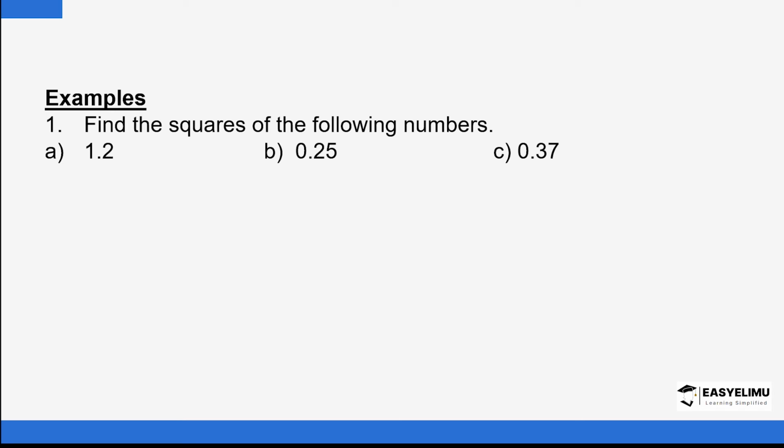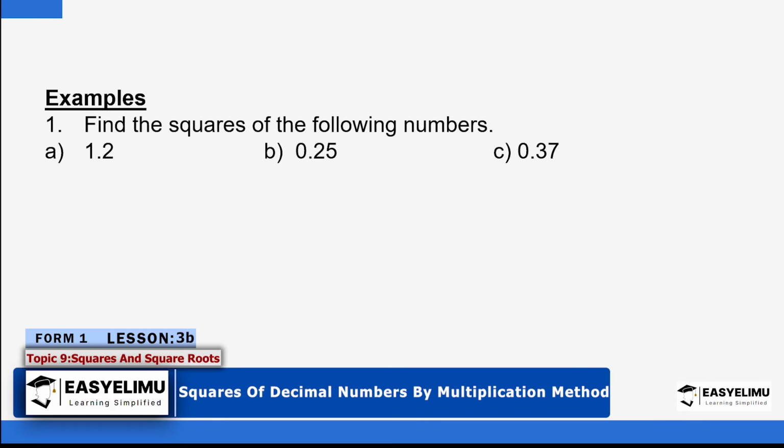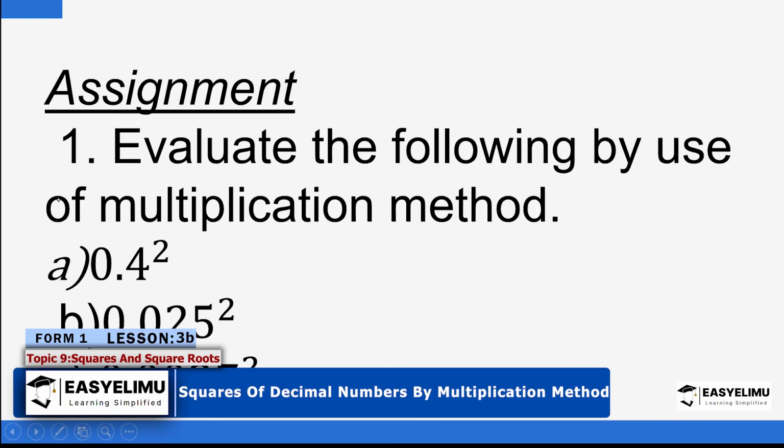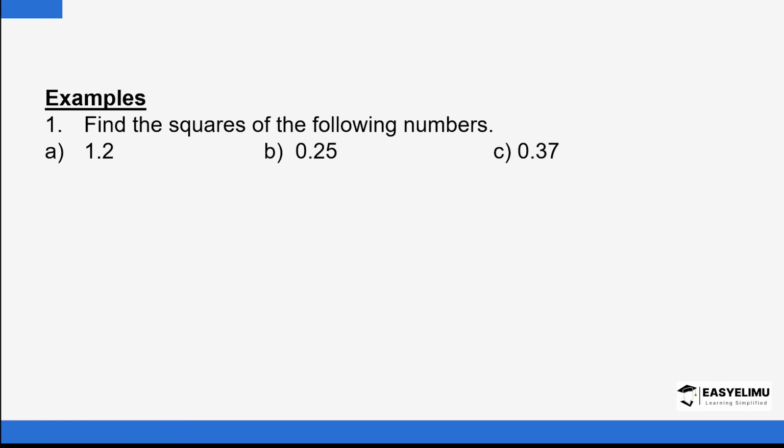Previously, we did more or less the same thing, but the approach was different. What we did in the previous lesson was 1.2 squared is interpreted as 1.2 times 1.2. So we count the number of decimal places.